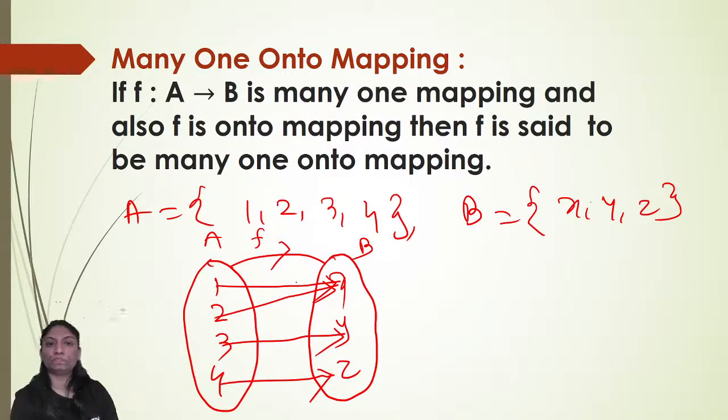Many one, right? And onto, every element of B has a pre-image in A. Okay, this is your many one onto mapping.